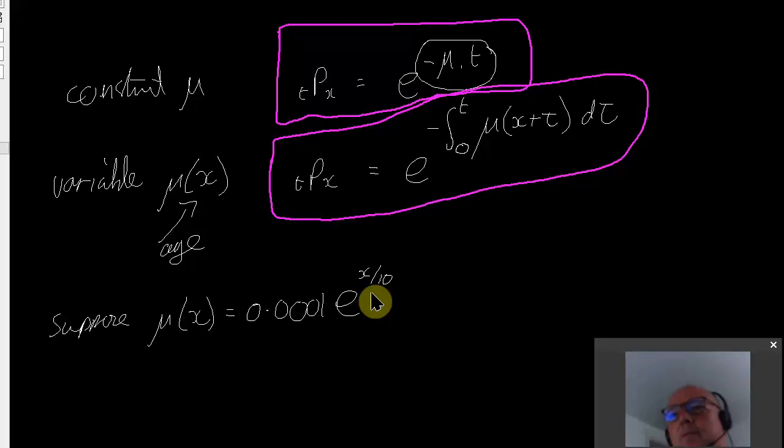Okay, so that's the force of mortality at any given age. And we want to calculate 10p40.